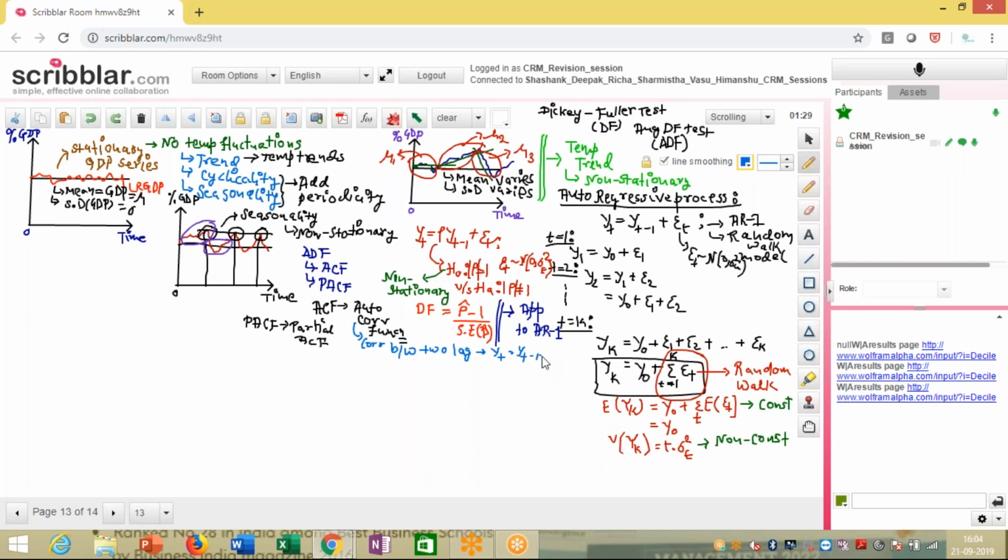Now if your series is typically a stationary series, as you go back in time, the impact of the historical lag on your current value will reduce. Let's say if I have 50 years of data, the impact of t minus 50 on t will be the least.